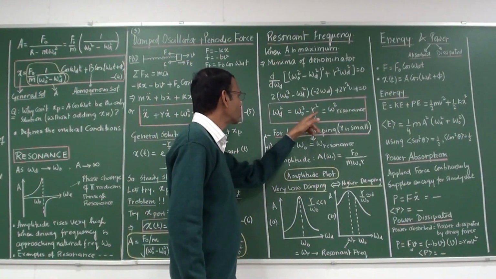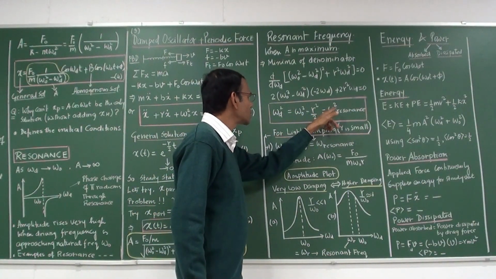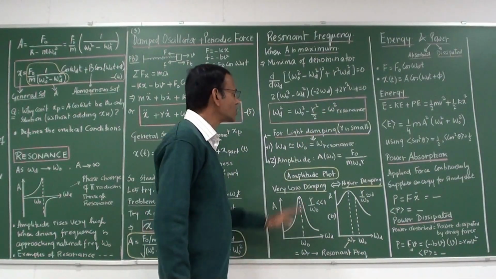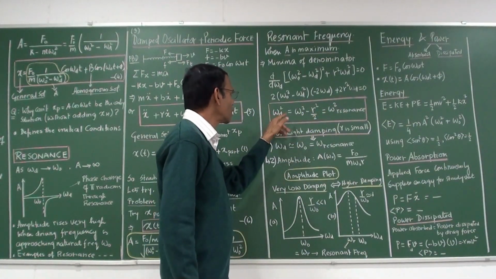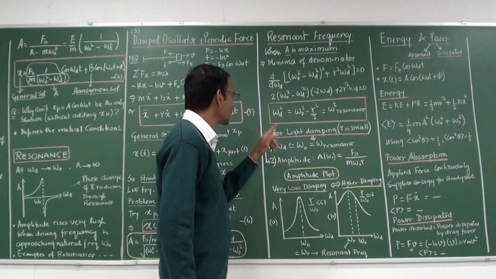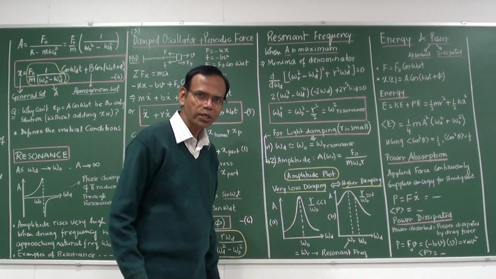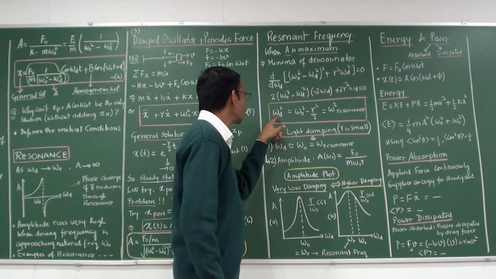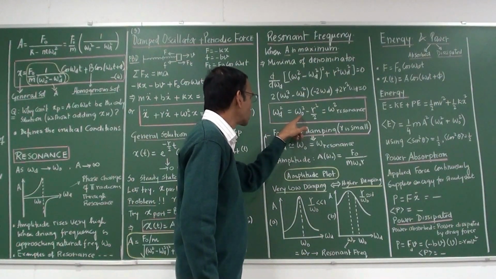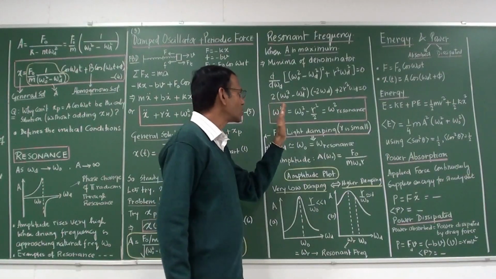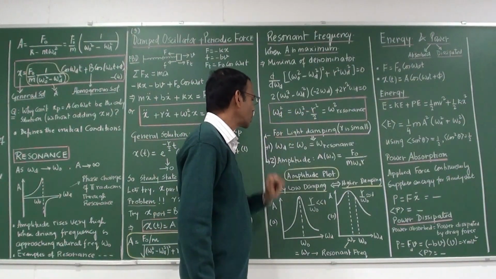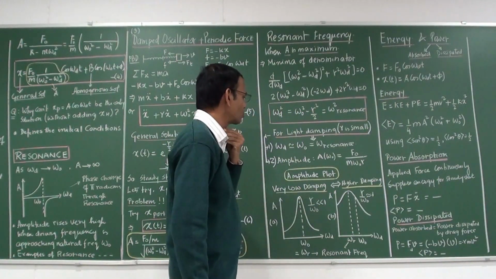This is my resonance frequency. So my resonance frequency in the case of a damped harmonic oscillator with a periodic force is not omega 0 but a little less than omega 0, that is, the square root of omega 0 square minus gamma square by 2. And that is what we will see in this particular graph.